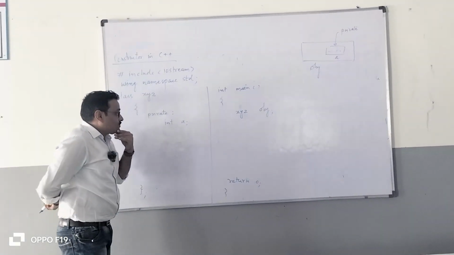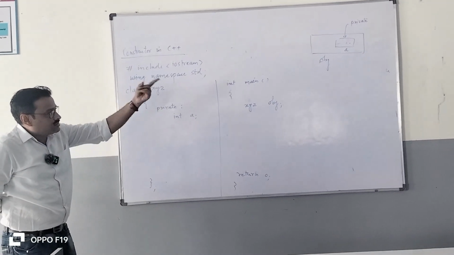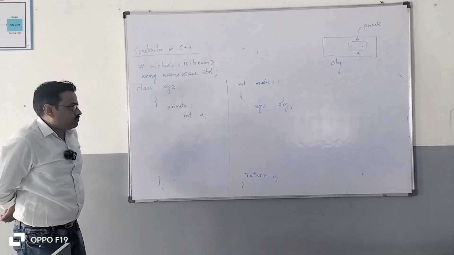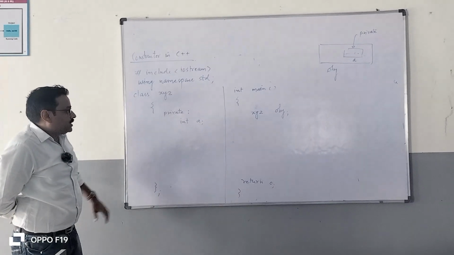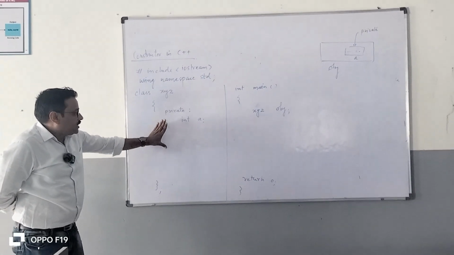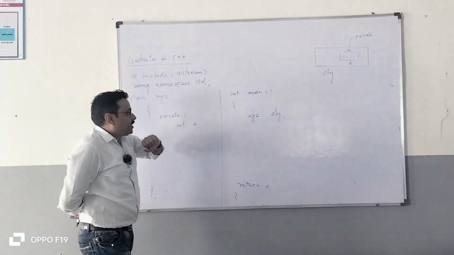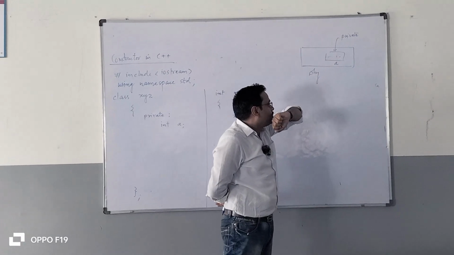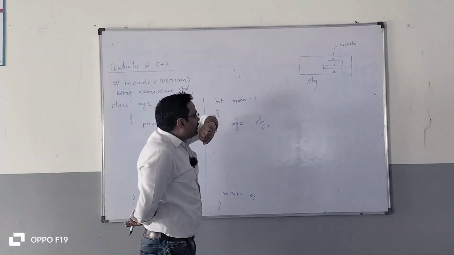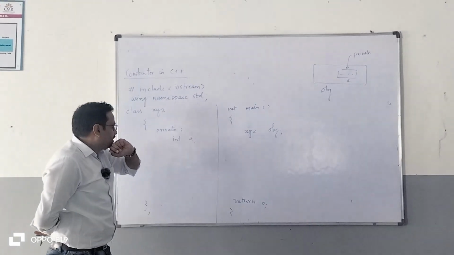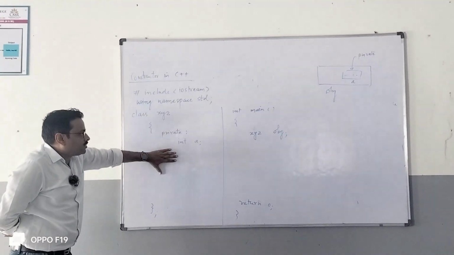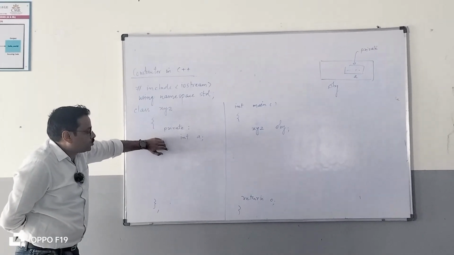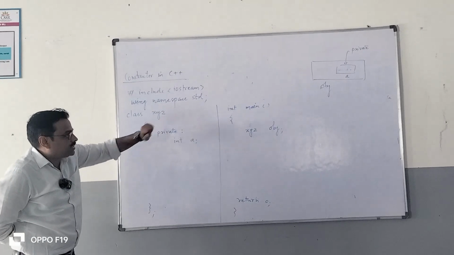So right now the question arises, suppose I want to insert some value inside that memory, then what to do? In this case, the value that will be available in this a will be garbage value, and there are two options. Either I can create a public member function inside the public scope of this class, and through that member function I can access that a.